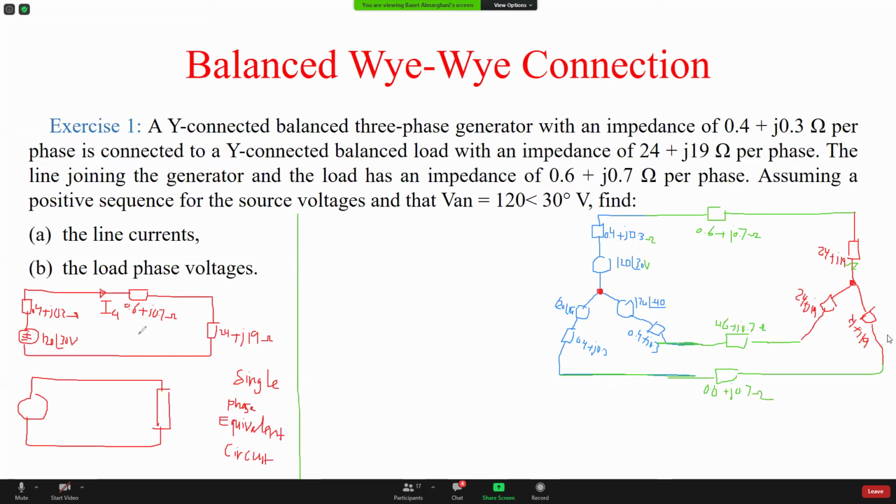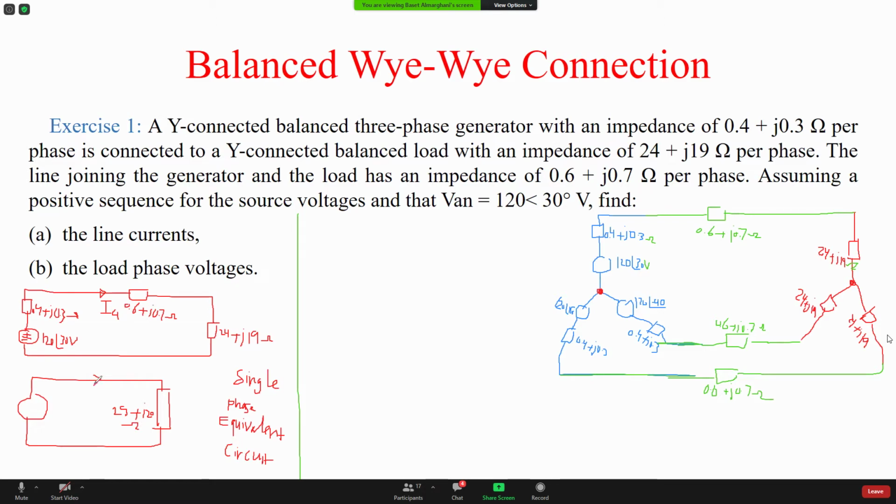I'm going to add the real parts 0.4, 0.6, and 24. So this is 25 as real. I added the real component. With the J parts, 0.3, 0.7, that is 1, and 19, so it's plus J20 ohm.